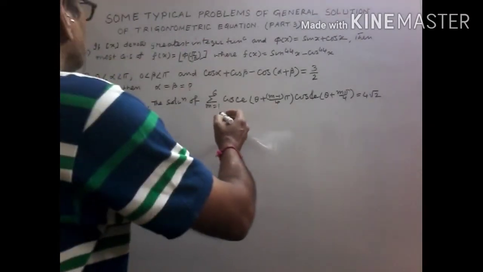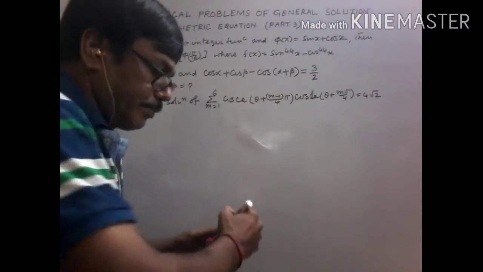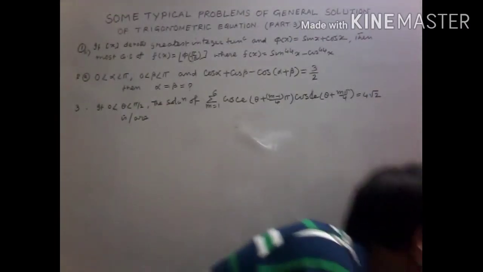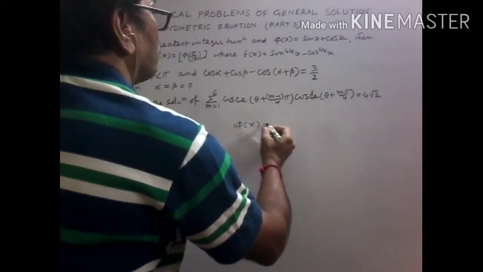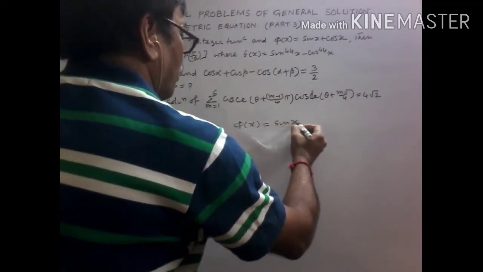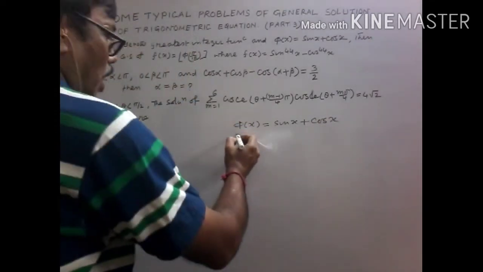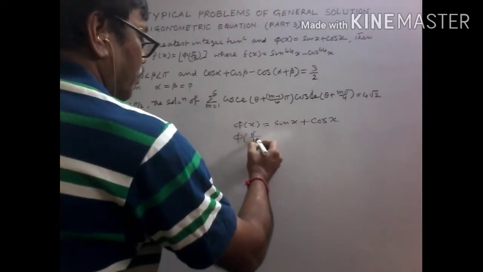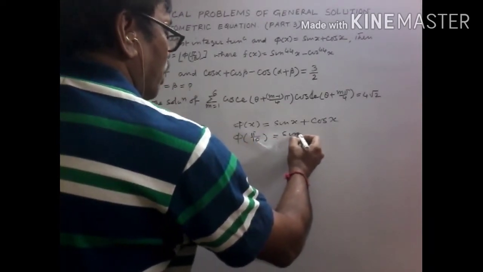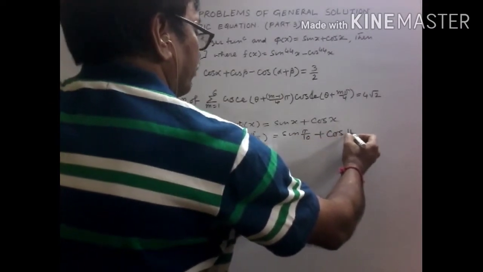Now [x], so what is phi(x)? Here phi(x) equals sin x plus cos x. Now what is phi(pi/10)? It is sin pi/10 plus cos pi/10.